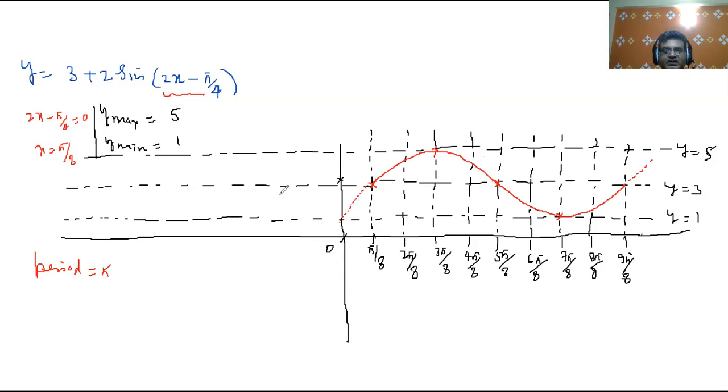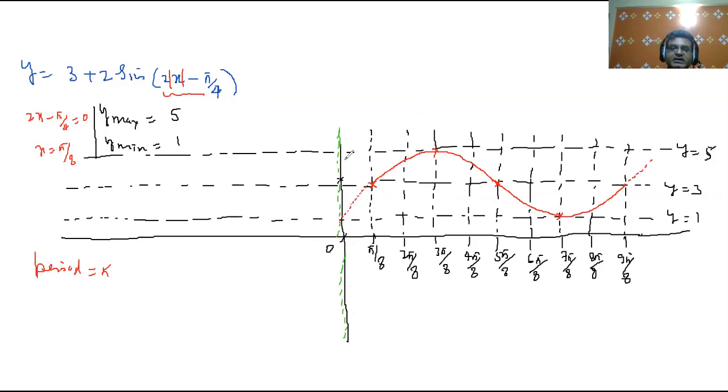Right? Now, if we are putting modulus in place of x, then what will happen? Just watch. When we put modulus at x, the graph will become symmetrical with respect to the y-axis. It means the graph will be symmetrical.